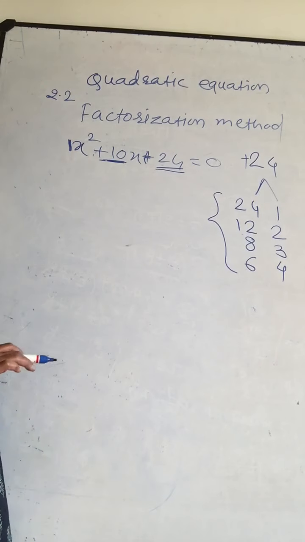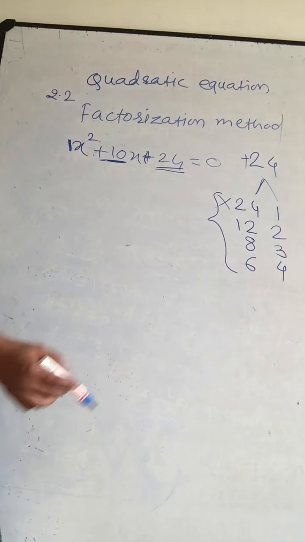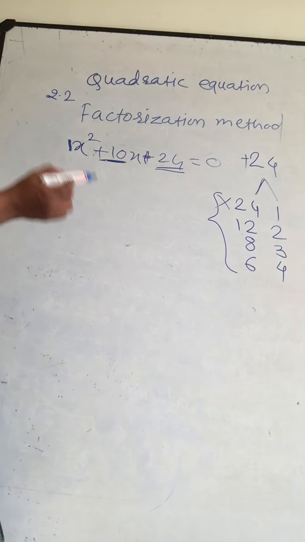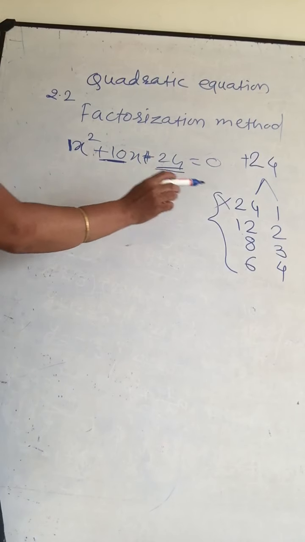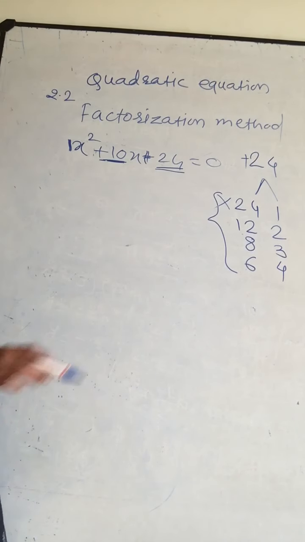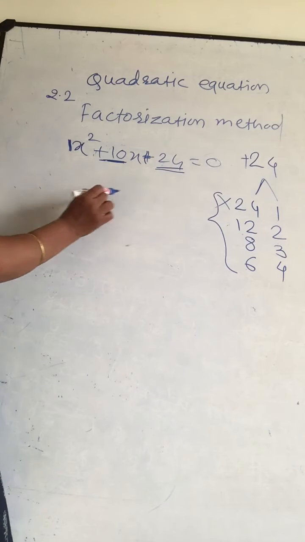There is no 10 in addition or subtraction, so this one is cancelled. 12 minus 2 is 10, but 12 plus 2 is 14. So only one condition is there. We have to check whether this one is right or wrong.